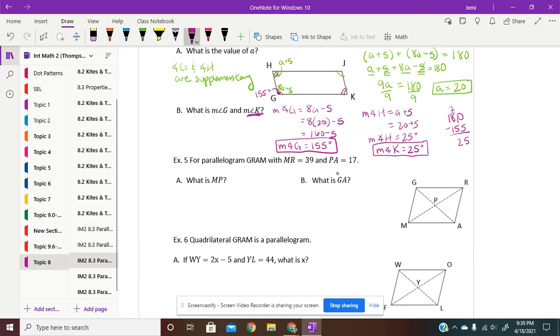MR, so this whole diagonal is 39. And PA is 17.